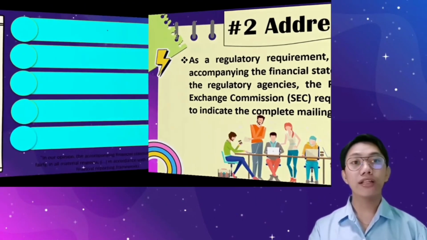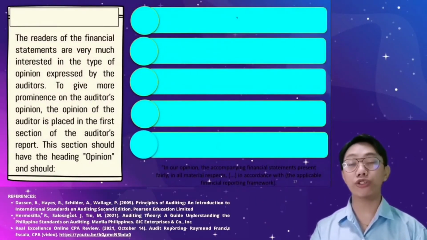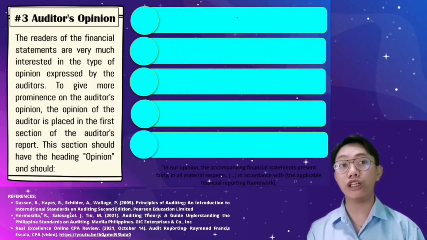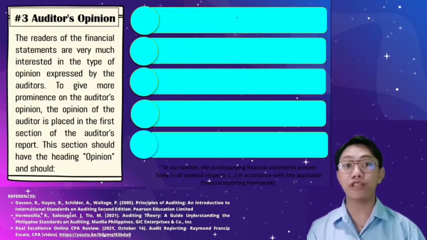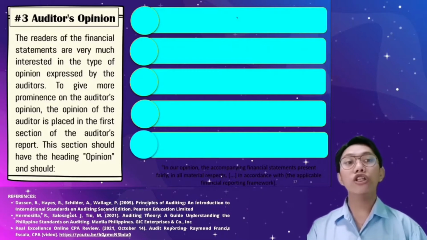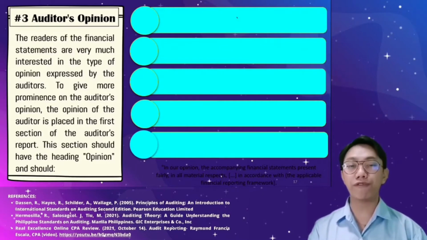And then, the third basic element is the auditor's opinion. The readers of the financial statements are very much interested in the type of opinion expressed by the auditor. So, to give more prominence to the auditor's opinion, it is placed in the first section of the auditor's report.